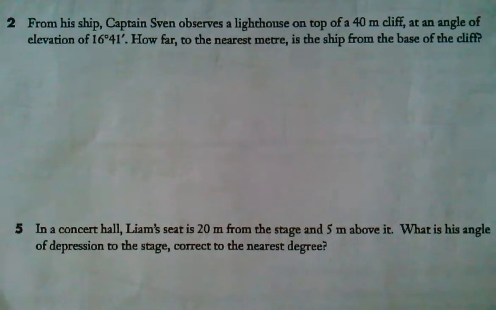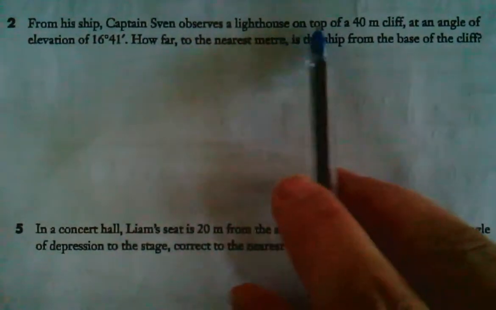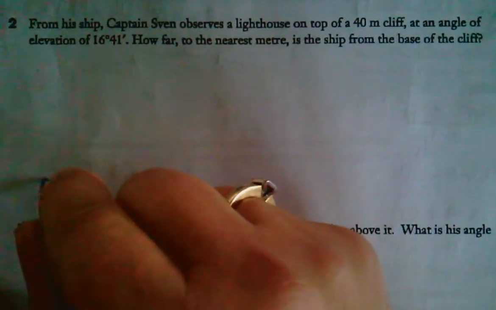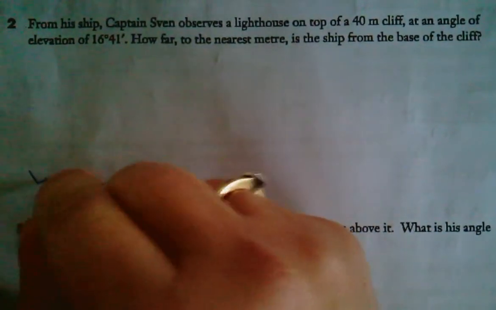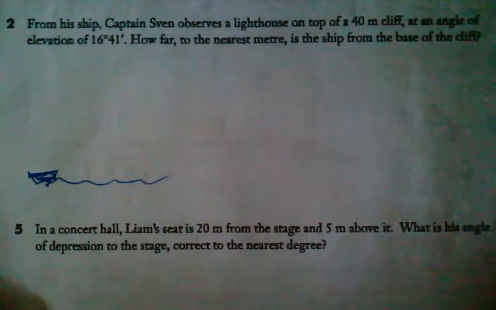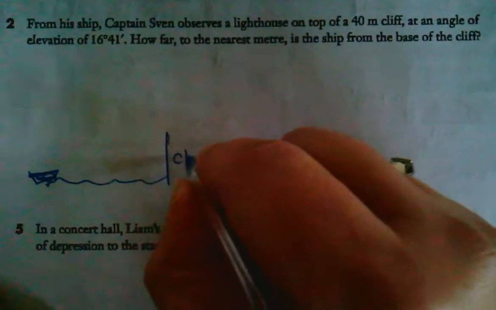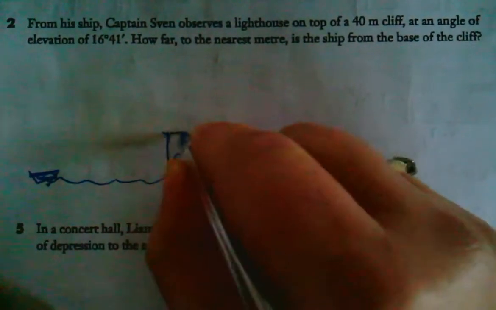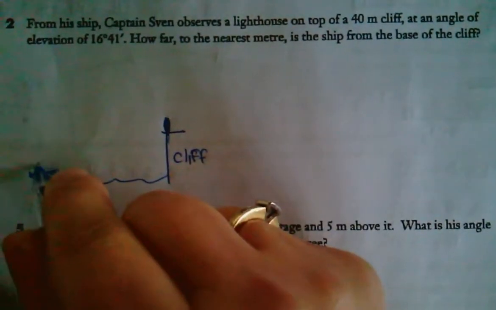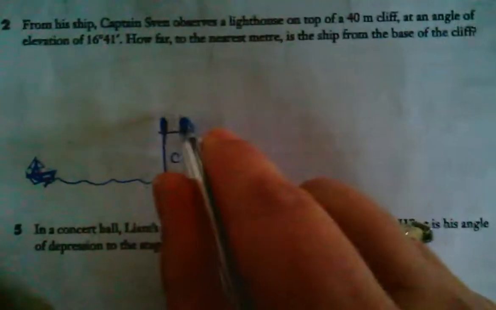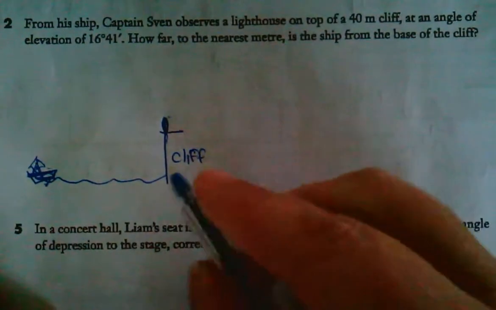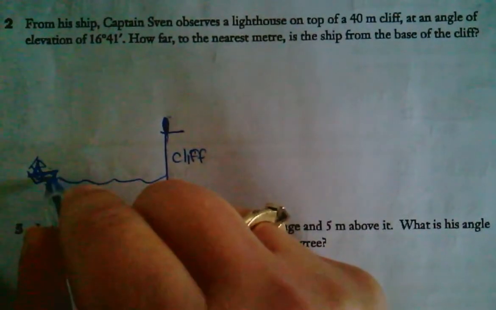First, question number 2 from the exercise. From his ship, Captain Sven observes a lighthouse on top of a 40-meter cliff. So you've got your ocean, your ship here, your cliff, and the lighthouse up on top of the cliff, so he's looking up.